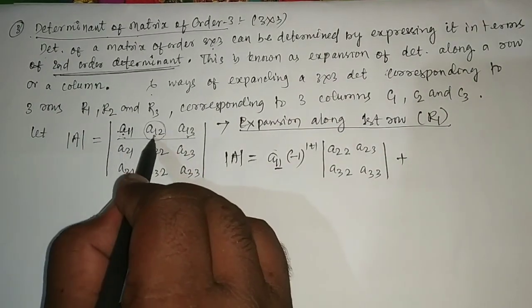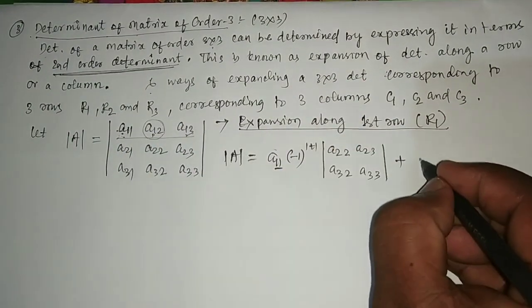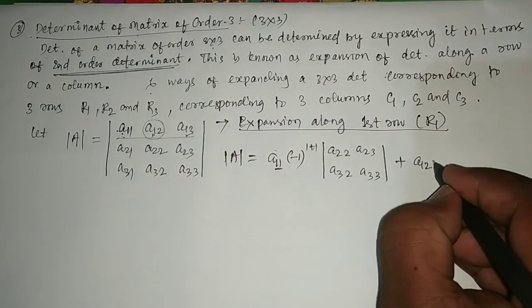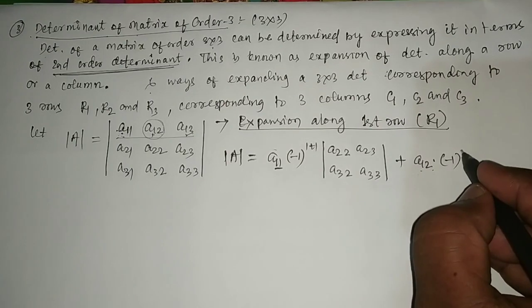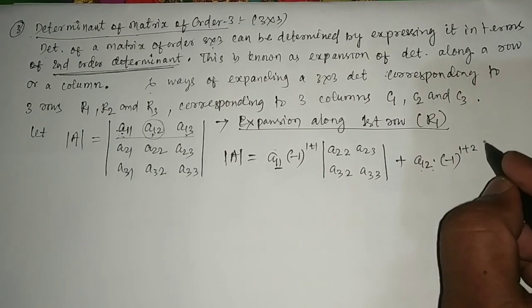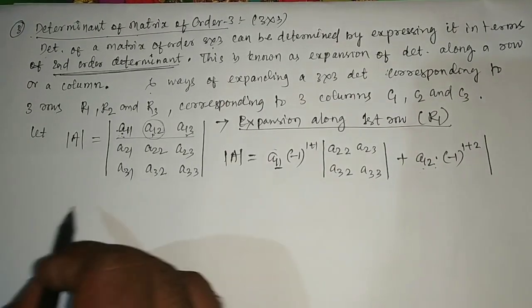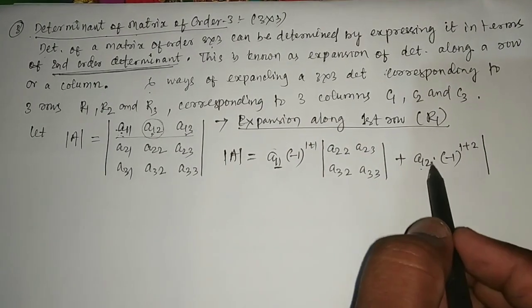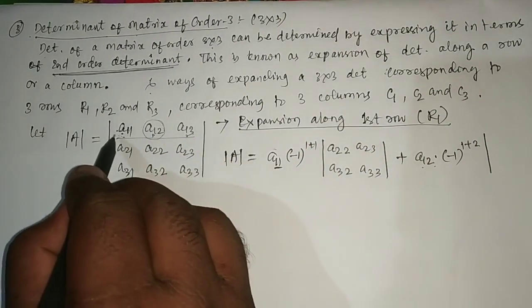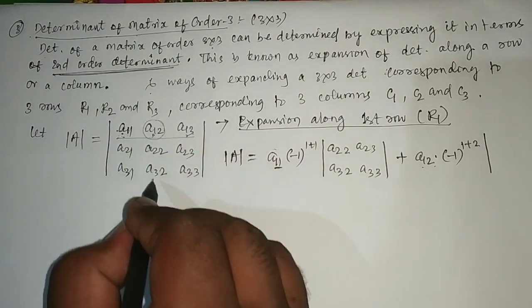this is the second element in row 1, write down A12 multiplied with the same minus 1 to the power of the sum of the suffixes, that means 1 plus 2, and now eliminate the row and column in which A12 is present, that means the first row and the second column.